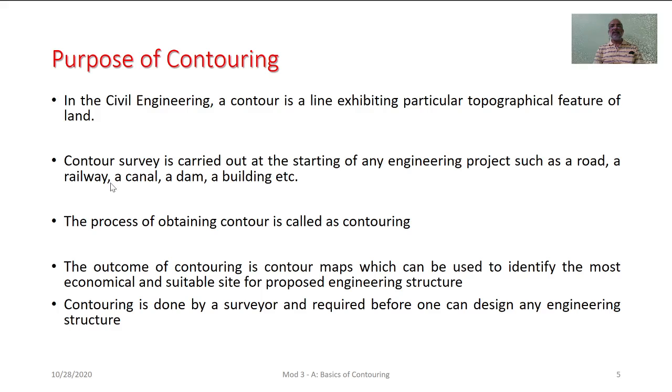And the process related with carrying out this contour survey and obtaining the contour map is called as contouring. As we complete this contouring process, we'll be able to plot these contour maps, which are very useful for the identification of appropriate sites for proposed engineering structure.